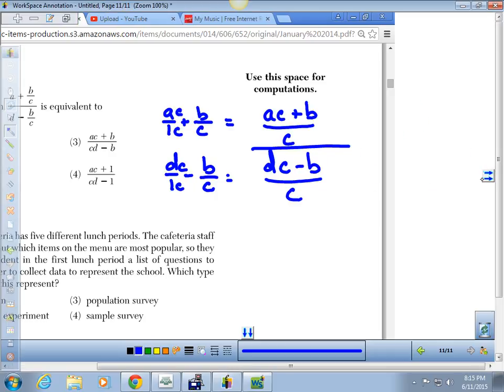We don't divide fractions though. What do we do? We multiply by the reciprocal. And what's going to happen? The factors of C cancel out. I get AC plus B over DC minus B.